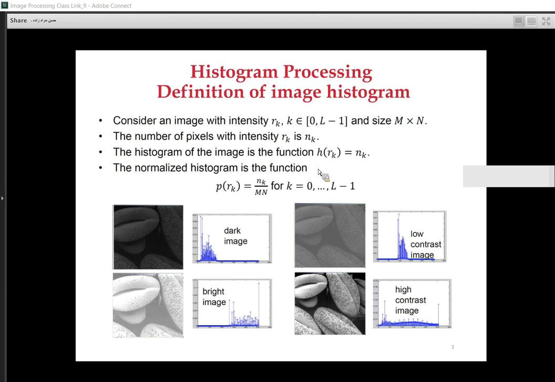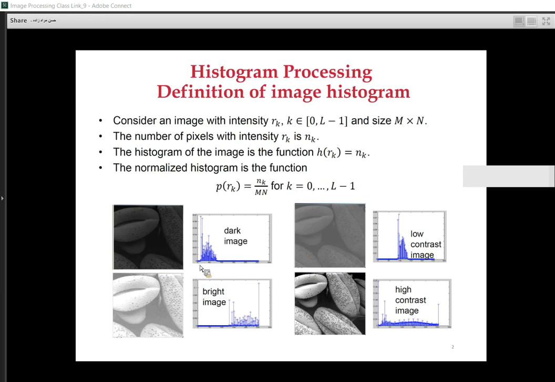The histogram of the image is the function h(r_k), where h means histogram, that means h(r_k) = n_k. The normalized histogram is the function p(r_k), that means n_k divided by the total number of pixels, n_k divided by M times N, for all k. This is the definition of histogram.